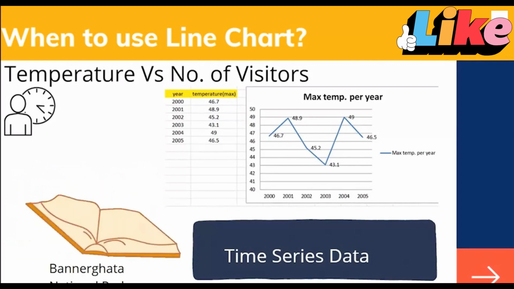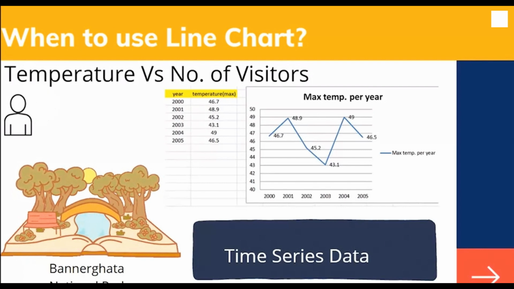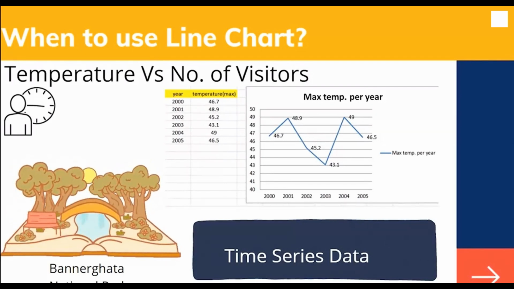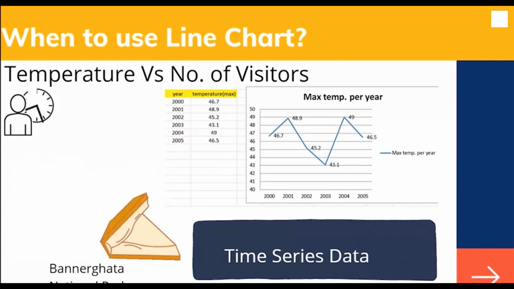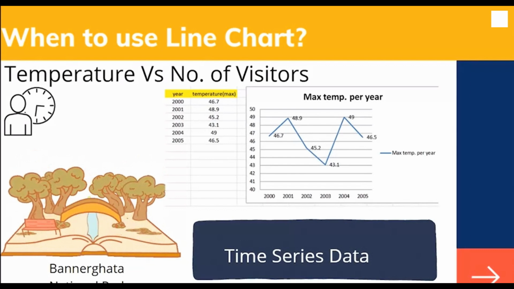Okay, so for every observation, you will be having a pair. For every observation you have a pair, and then that pair of values becomes a point, and then you will try to join all the points.